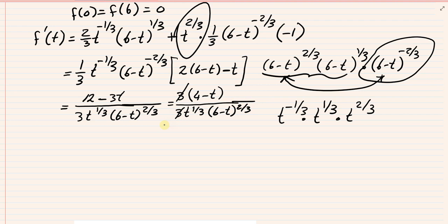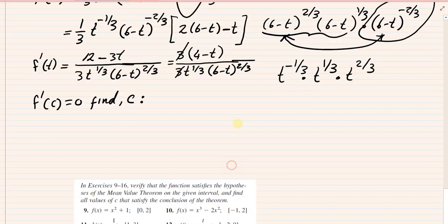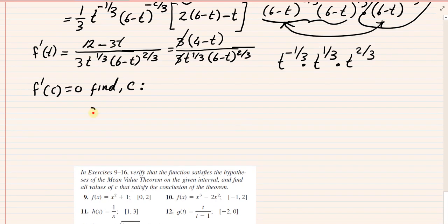Now we need to find c, right, in this case. So this is f prime of t. For Rolle's Theorem, we will have to do f prime at c equals 0 and find c. That's what we want to do. So f prime at c, therefore, is going to be 4 minus c divided by c to 1/3 times (6 minus c) to 2/3.